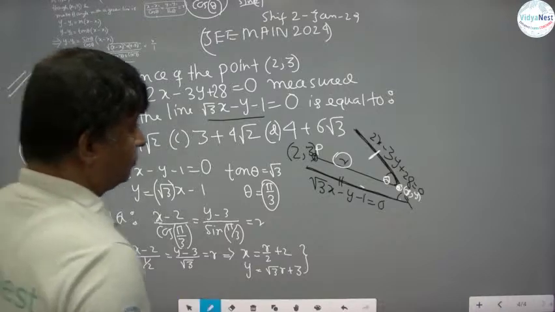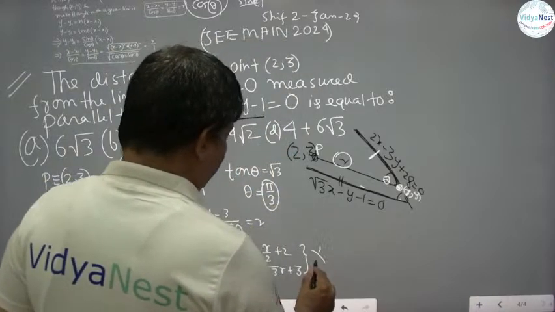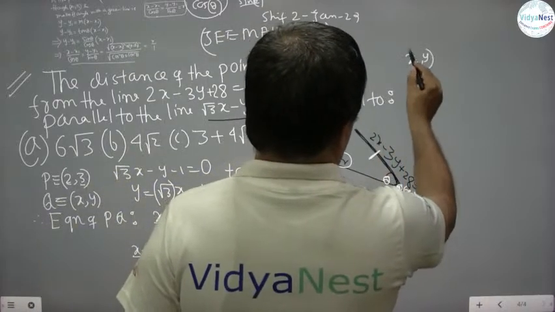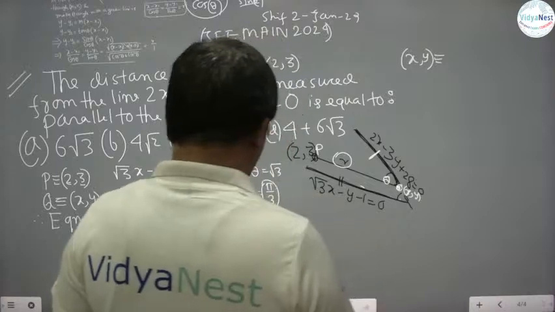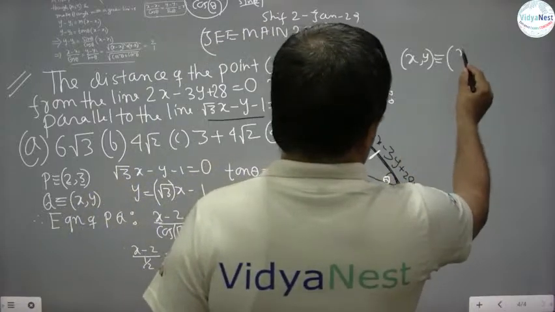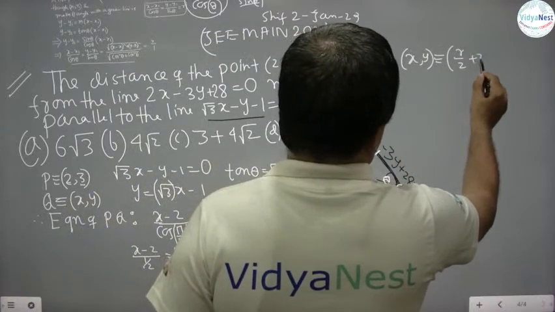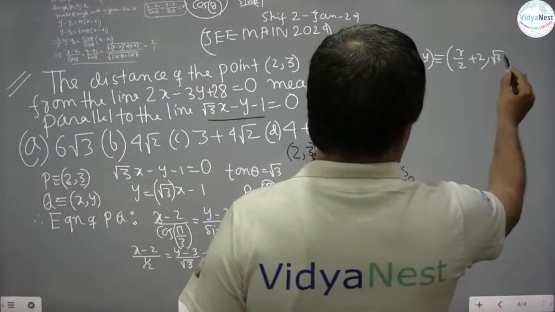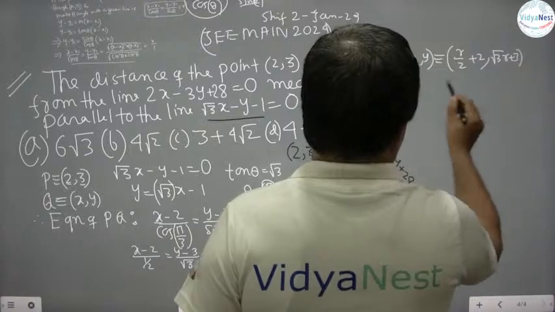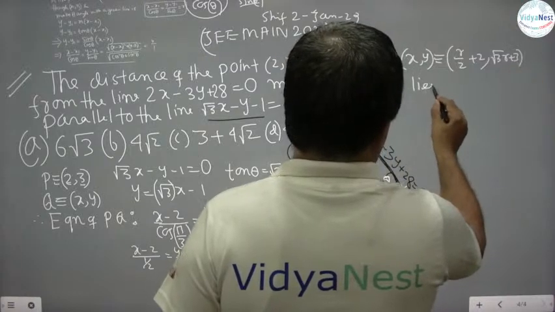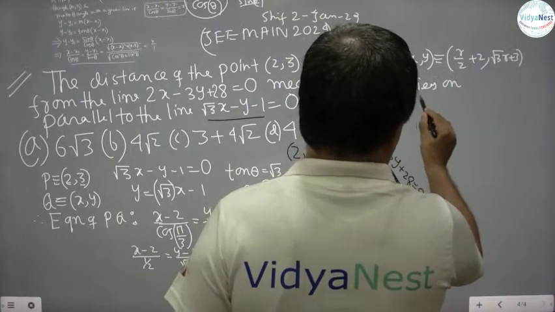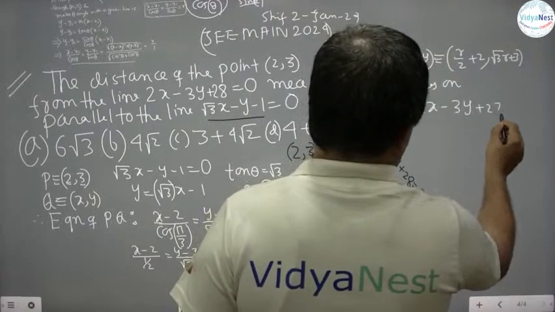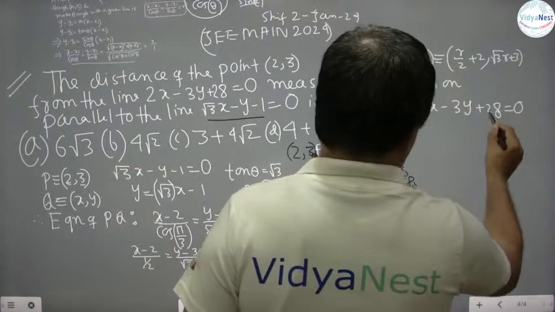Now, after this stage, that x comma y, that is r by 2 plus 2 comma root 3 r plus 3, lies on 2x minus 3y plus 28 is equal to 0.